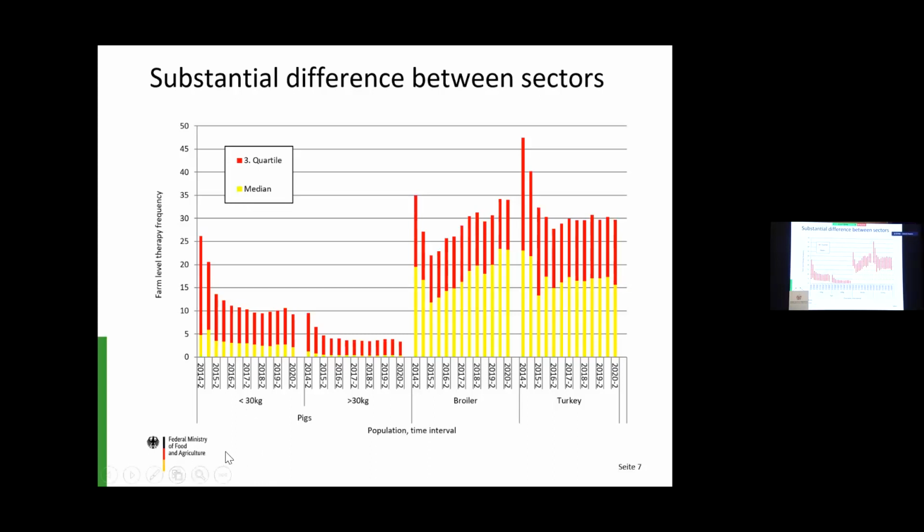And this graph is differentiated into certain species. So on the left we start with pigs under 30 and over 30 kilograms, and with broilers and turkeys from the poultry sector. And it's not difficult to recognize that there are substantial differences between the sectors. So we were not really happy about the use in poultry. So let's go on to the next slide.